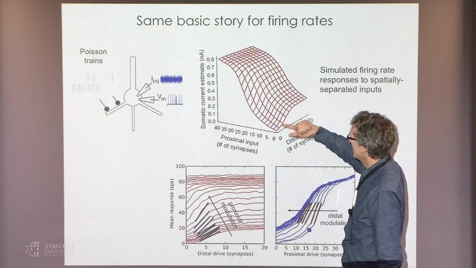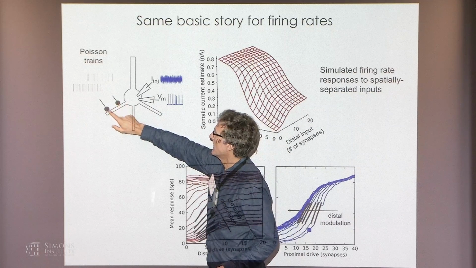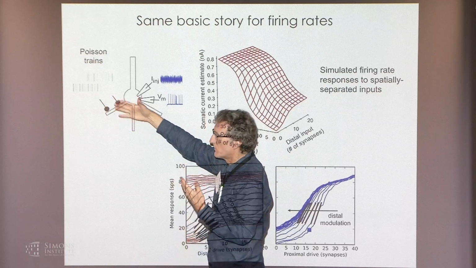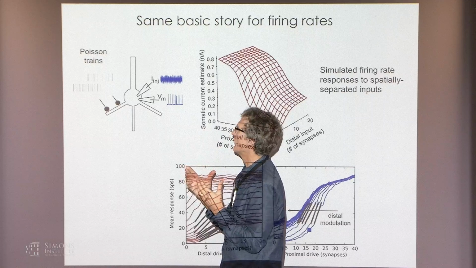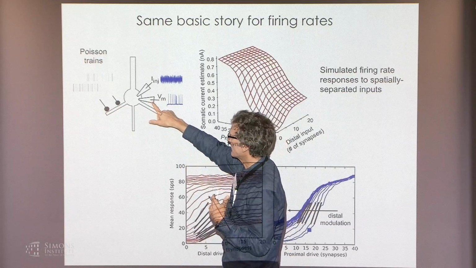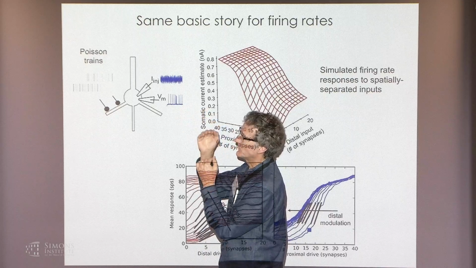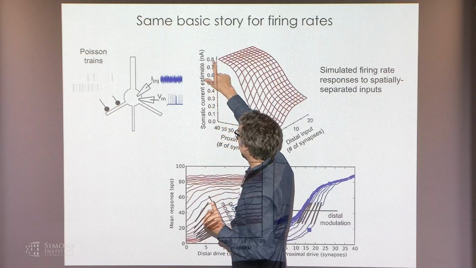Here's the distal input by itself. Now the 2 inputs are bunches of synapses being activated by trains of action potentials, so the synapses are being repeatedly activated. There's noise being injected to the cell body to simulate in vivo-like conditions, and then the membrane potential is measured at the cell body, and what the output is now is not how much voltage is caused, it's how many spikes per second are caused, and that's plotted on this axis here.